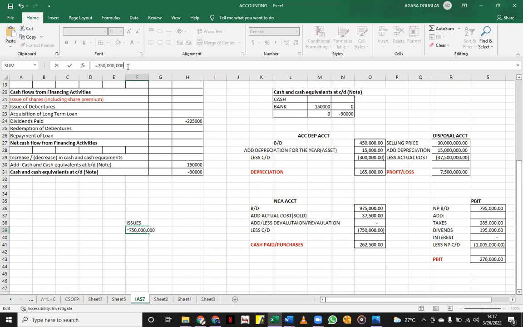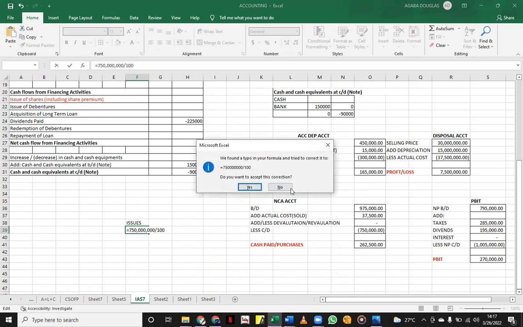So we divide this because we need to know how many shares were issued. We divide it by 100 because every share was costing 100.